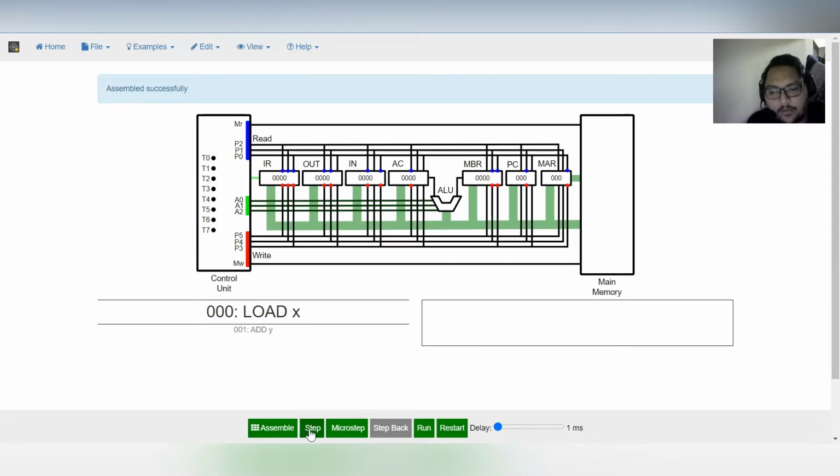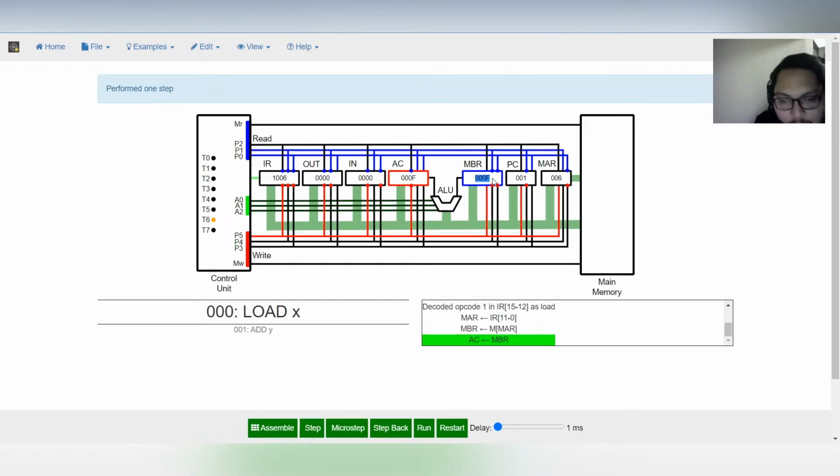So, assemble next. This is from Load. From the IR register, which will all be in hexadecimal, it is 1006. Then it goes to the MAR, the memory address register, 006, next to the MBR, the memory buffer register, which is 000F, and then it moves to the accumulator.